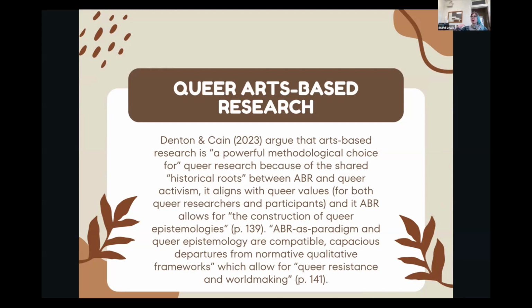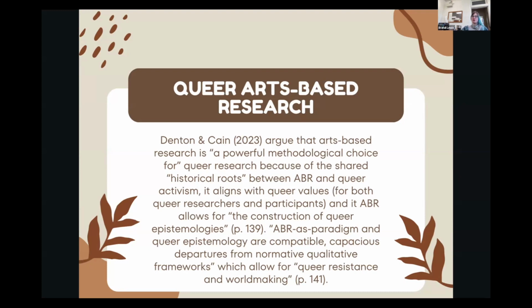So arts-based research aligns with the values of queer researchers, but it also aligns with the goals for participants as well. The literal notion of queering is to make things strange. And what are we doing if not making things kind of strange with art? And then the third area where it really relates to arts-based research is the construction of queer epistemologies.